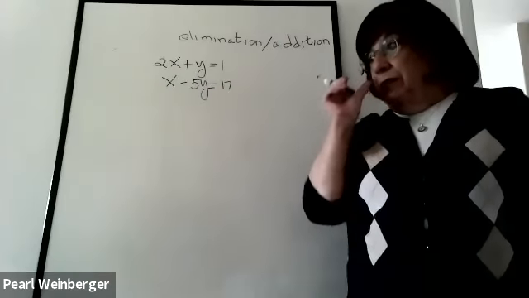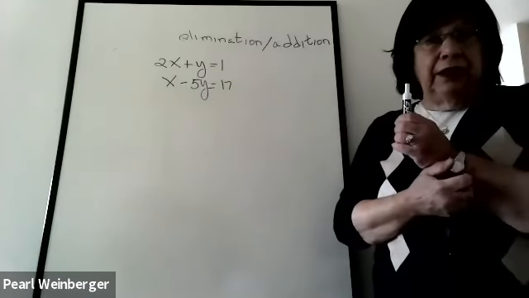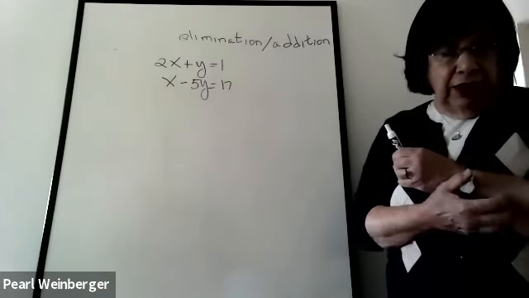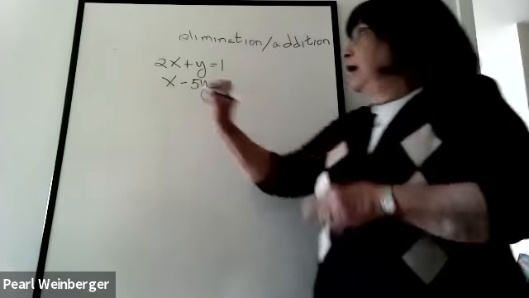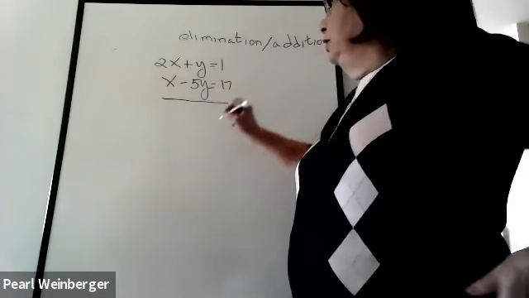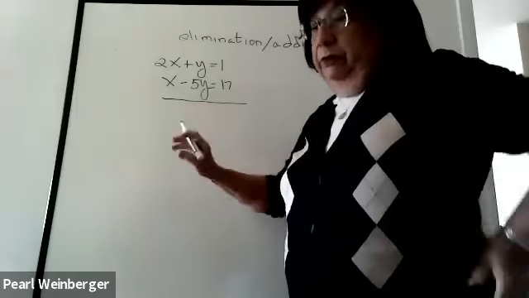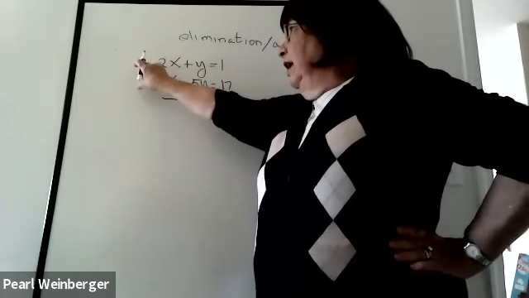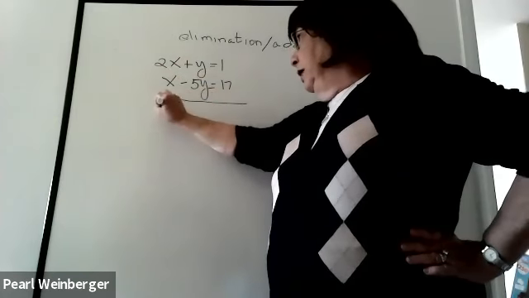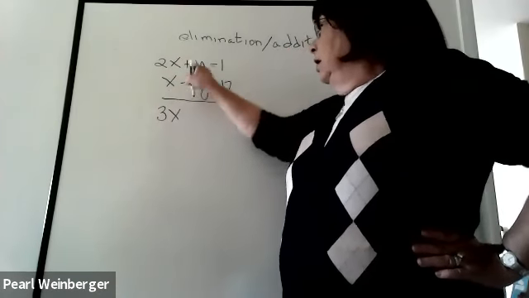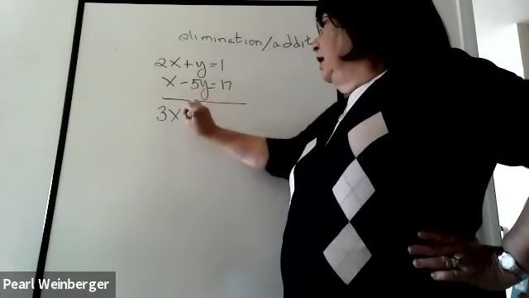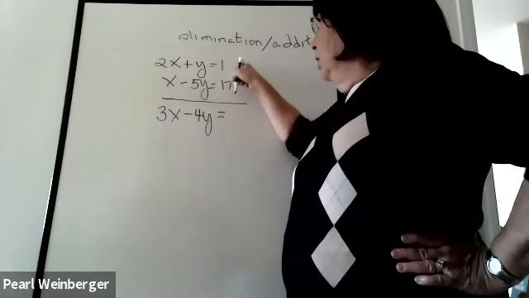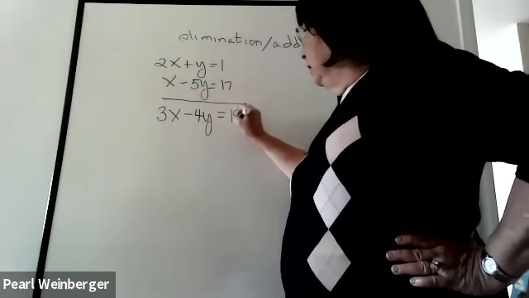Let's see what happens when we add these two equations. If I try to use addition to solve these two equations, and when I add the two equations down, don't write what I'm doing now, because it's not going to come out right. When I add the two equations, I'll get 2x plus x, which will give me 3x, plus y minus 5y is minus 4y, will equal 1 plus 17, which is 18.